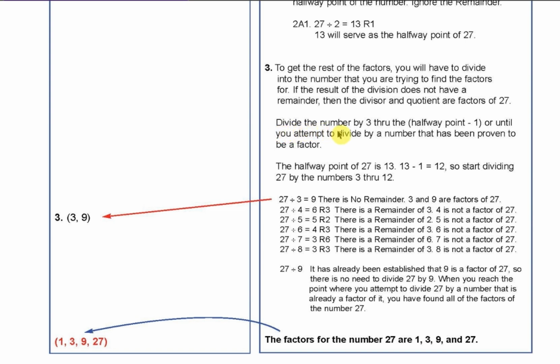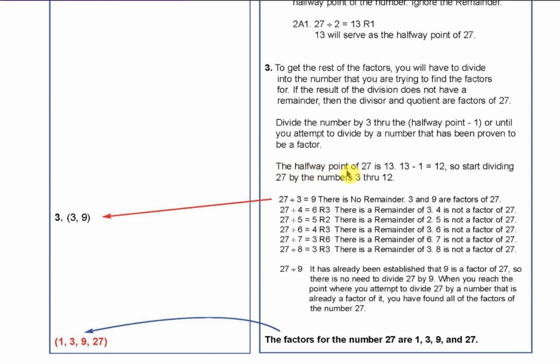Divide the number by 3 through the halfway point minus 1, or until you attempt to divide by a number that has been proven to be a factor. Remember, the halfway point is 13. So the halfway point minus 1 is 12.